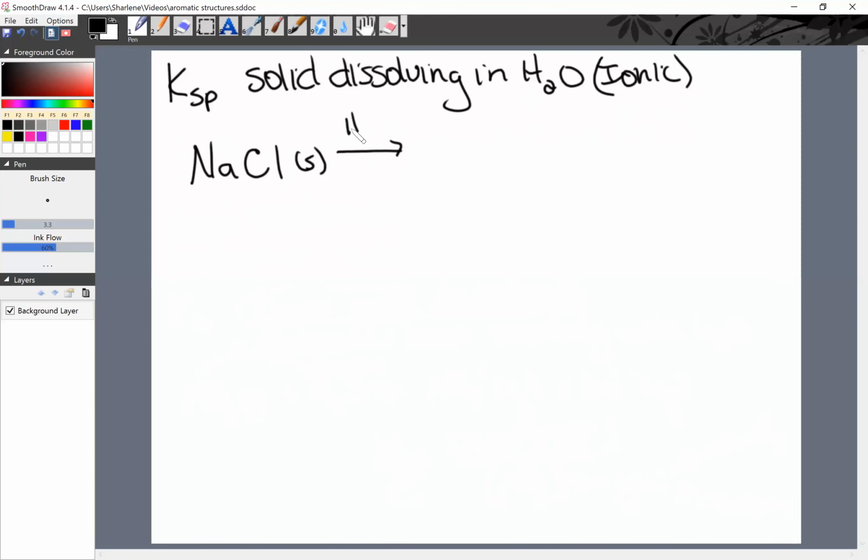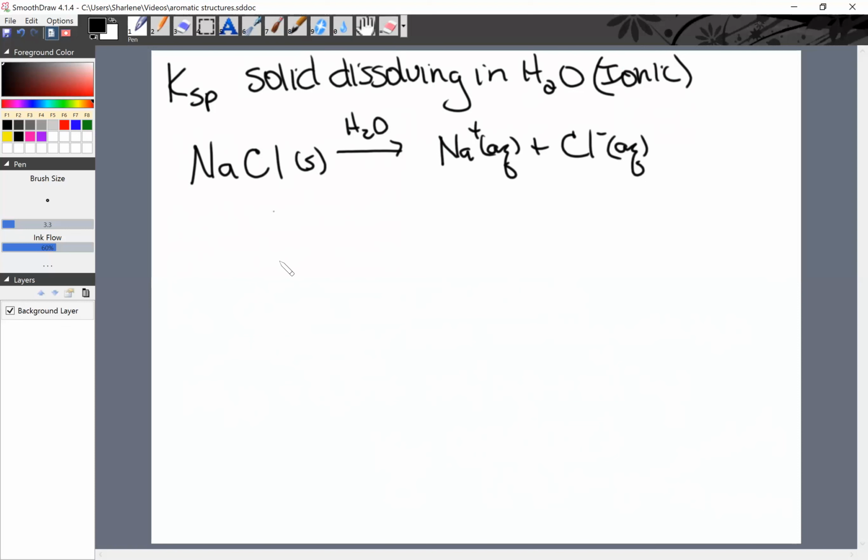Okay, I'm going to put some water above it. Now, the reason I'm putting it above the arrow is it's dissolving, not reacting. So I technically don't have to write it. And that is going to go to the sodium ion and the chloride ion. And if you'll notice, no part of the water occurs in the products.